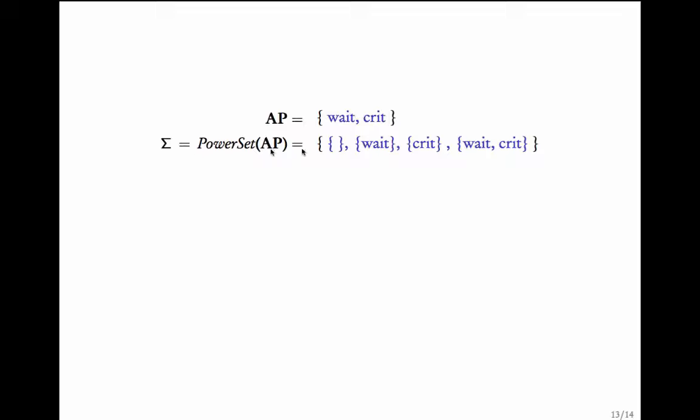Now the alphabet would be the empty set, the set consisting only of wait, the set consisting only of crit, and then both wait and crit. Let me now describe a property. I want to say that the process enters the critical section infinitely often. That means the letters containing crit should occur infinitely often.